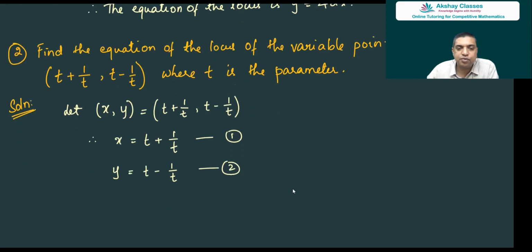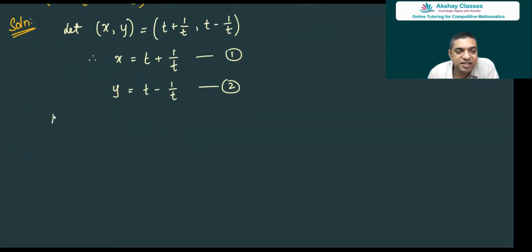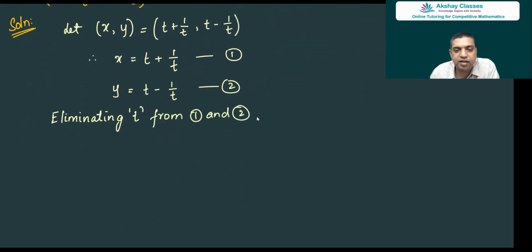Now what do we have to do? Eliminate t from 1 and 2. How do we eliminate? How can we eliminate?